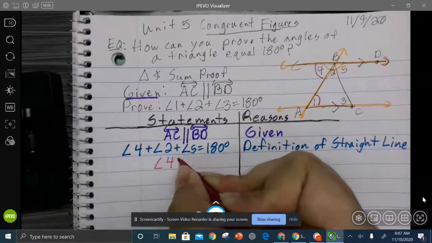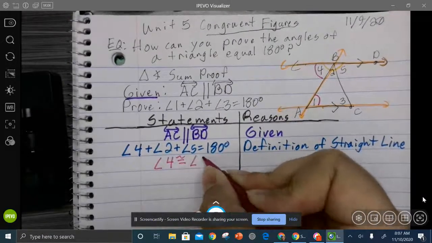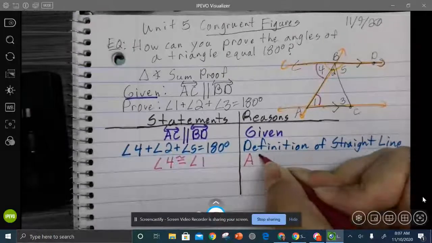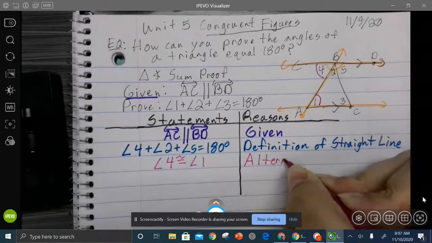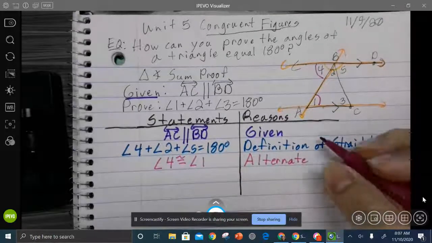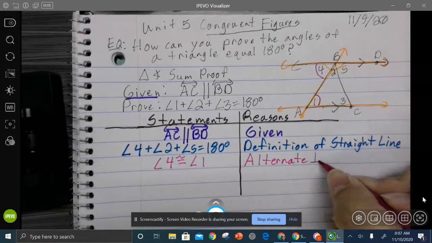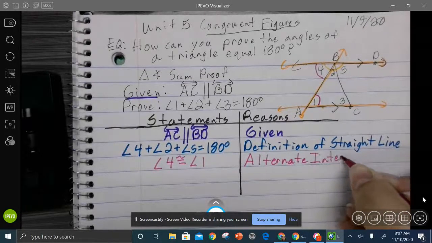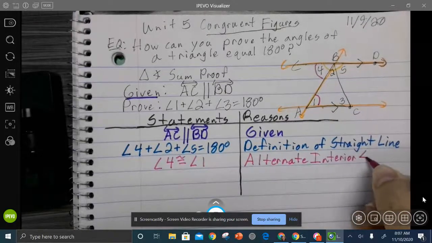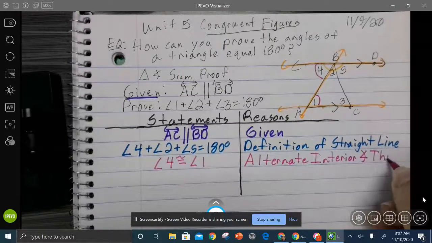So angle 4 is congruent to angle 1 because their angle relationship is alternate interior. So they're on opposite sides inside. So it's our alternate interior angle theorem.